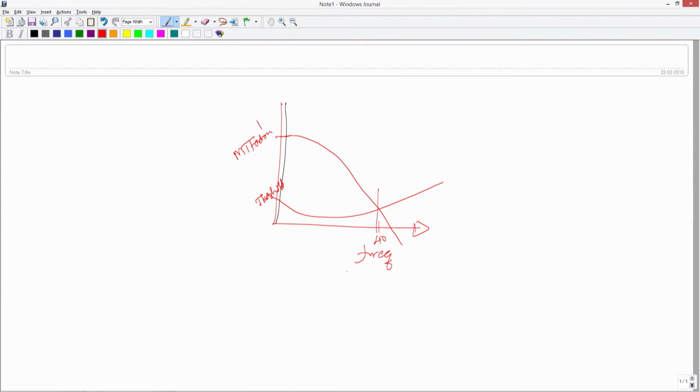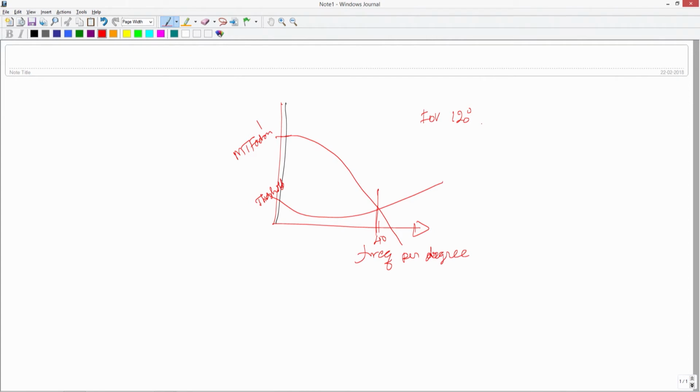Okay. So this graph tells us that at about 40 cycles per degree the limiting resolution happens. So if you have a field of view of 120 degrees, this is the frequency per degree.